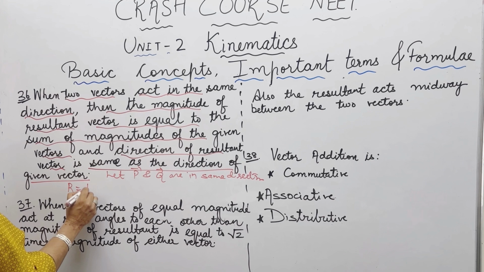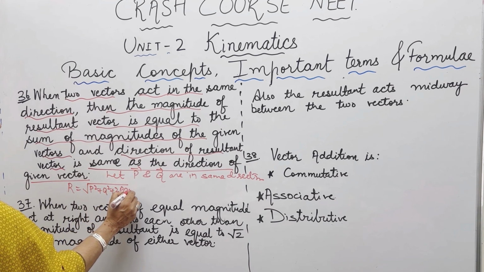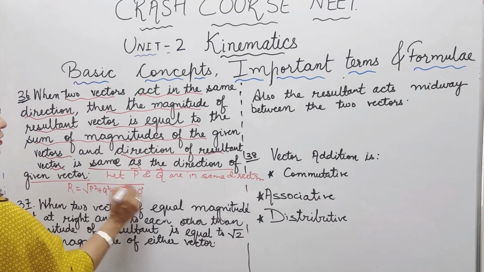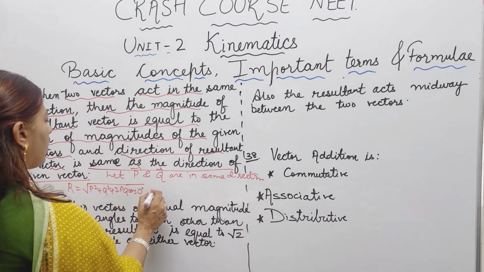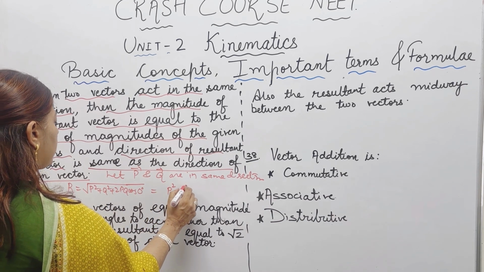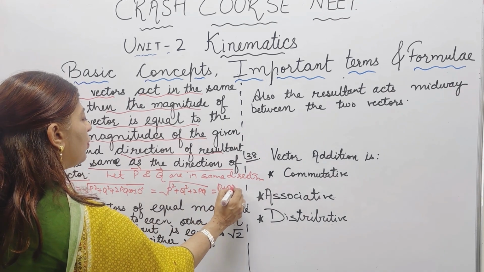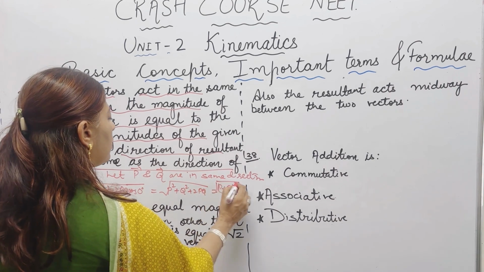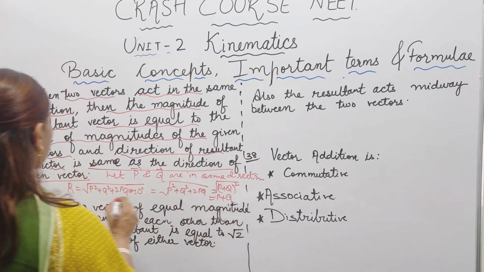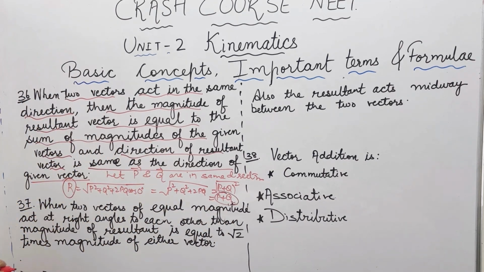Then resultant r is equal to the square root of p square plus q square plus 2pq cos 0 degree. So this will come out as the square root of p square plus q square plus 2pq, or p plus q whole square under the root, which is equal to p plus q. So what we found is that the resultant is equal to the sum of the vectors, as mentioned in this property, and the direction of r will be the same as the direction in which either of these vectors is acting.